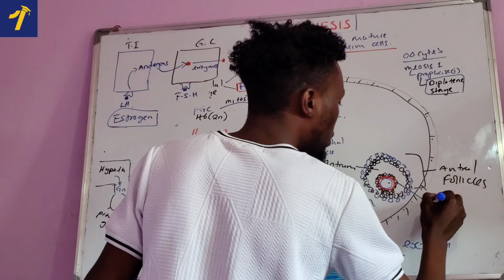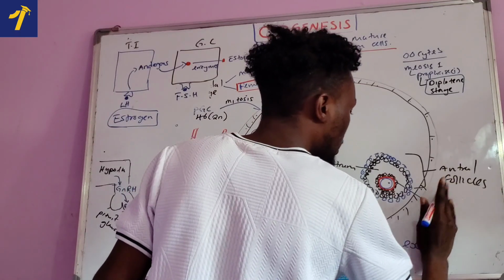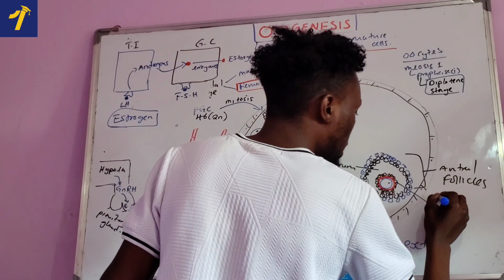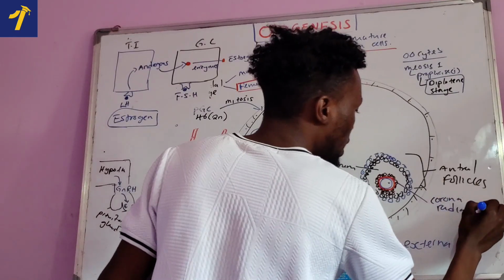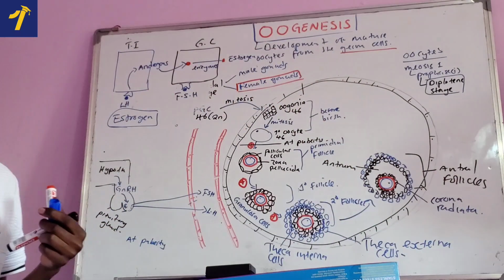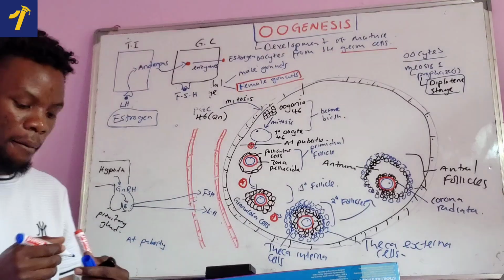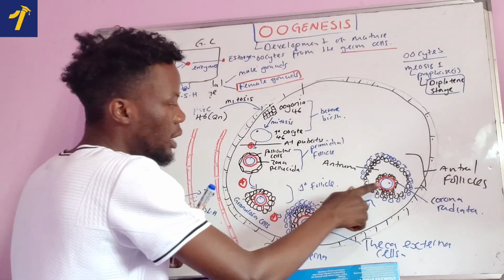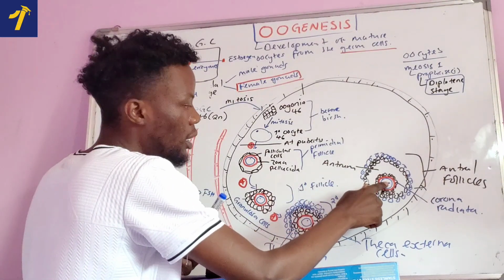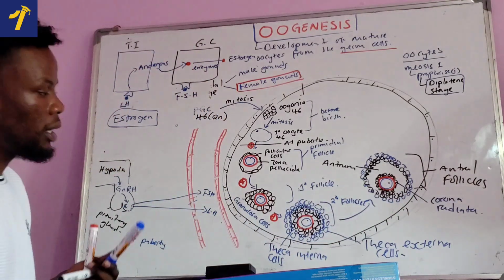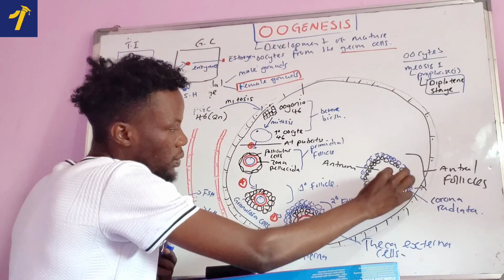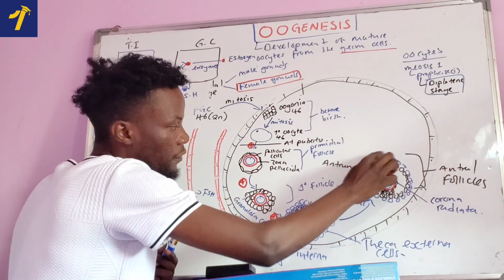We're going to call them corona radiata. Particularly these are basically just the granulosa cells, but since they are just surrounding the primary oocyte, we change the name to corona radiata.